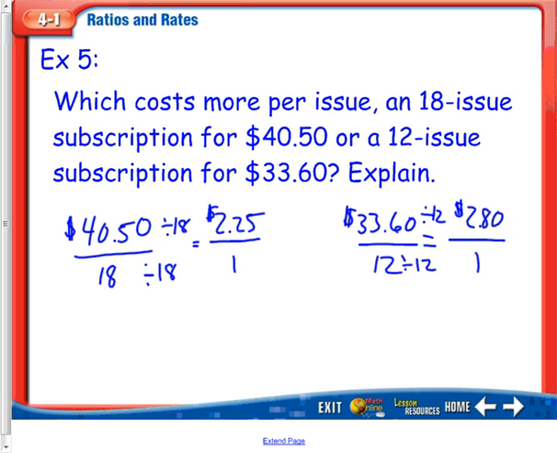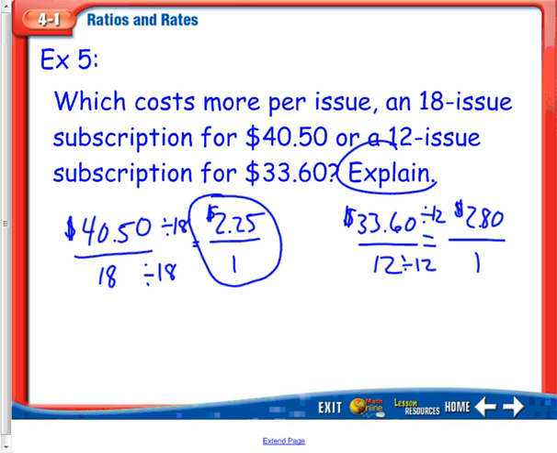So it turns out that if you actually want this magazine subscription for that long, or maybe even longer, you are going to have a better deal. Even though you are spending more money, you're spending $40 compared to $33. You're spending more money altogether, but you're actually getting a better deal per issue for the 18-issue subscription compared to the 12-issue subscription. You're getting a better price.